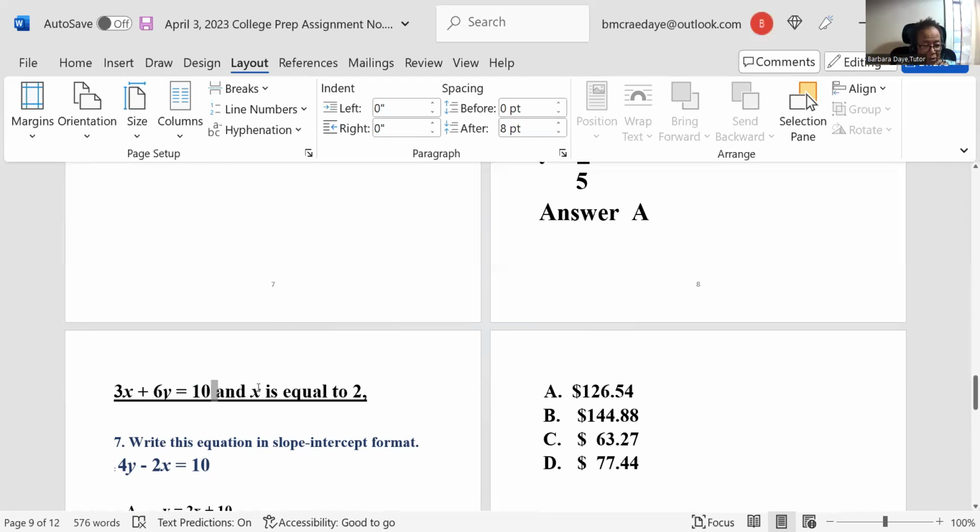And y, I'm going to give you the y value this time. Let's see, I don't want to come up with a fraction here.